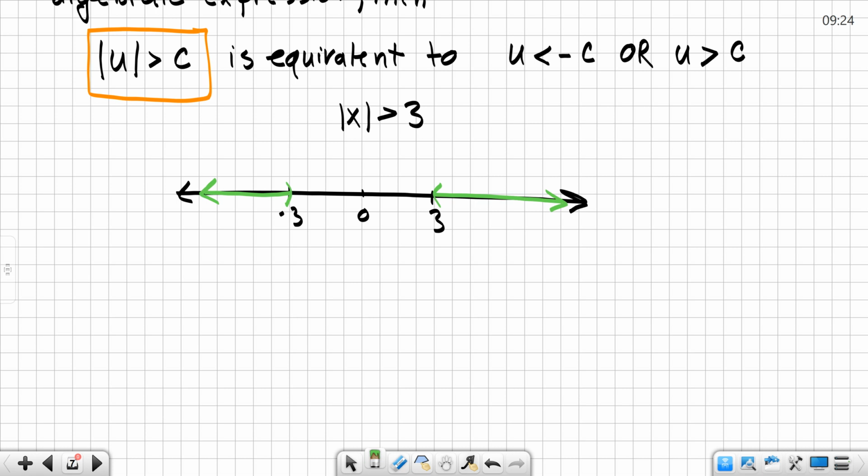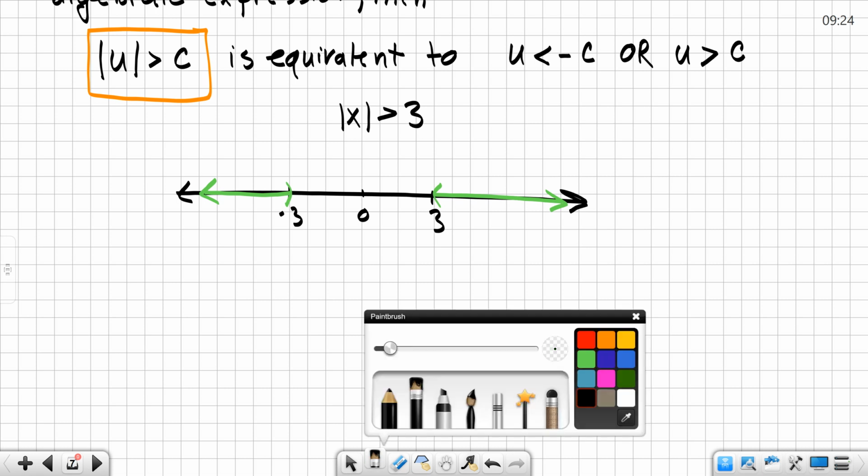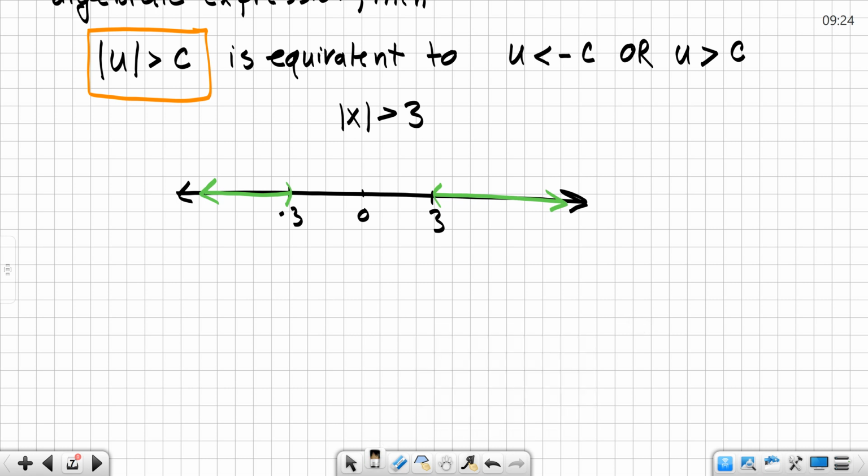So in other words, there is a gap in between. And my typical solution set for inequalities like this, if I write it in terms of intervals, I have to collect two intervals. The one on the left here goes from negative infinity to negative 3 in this case.